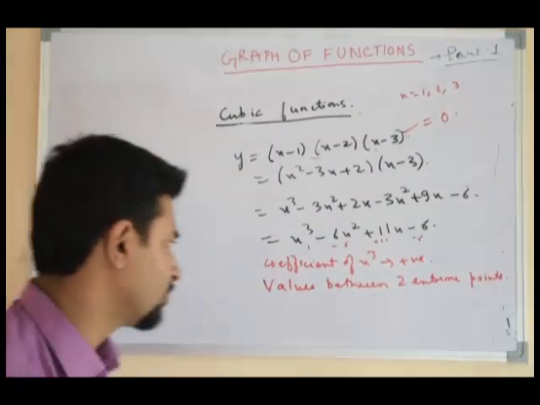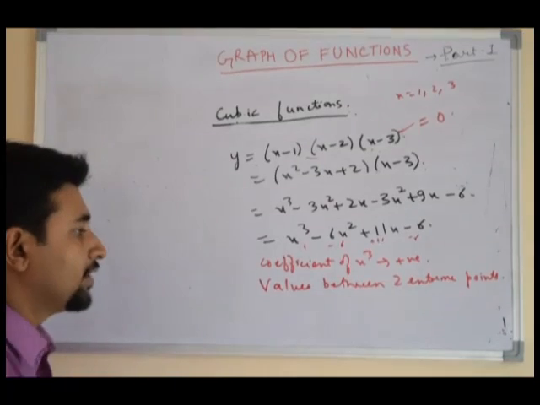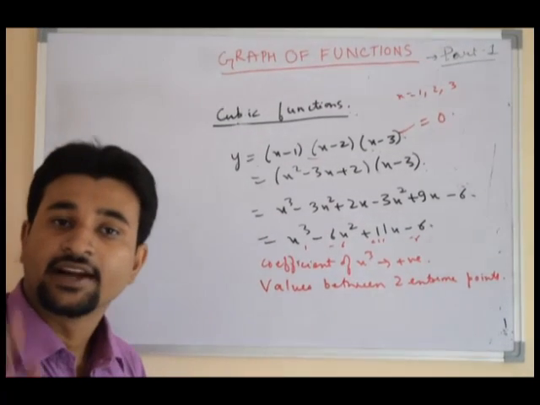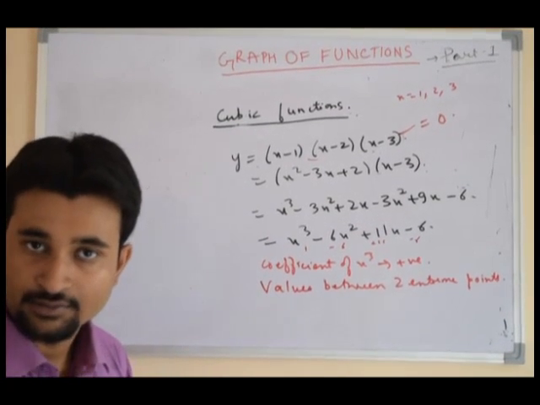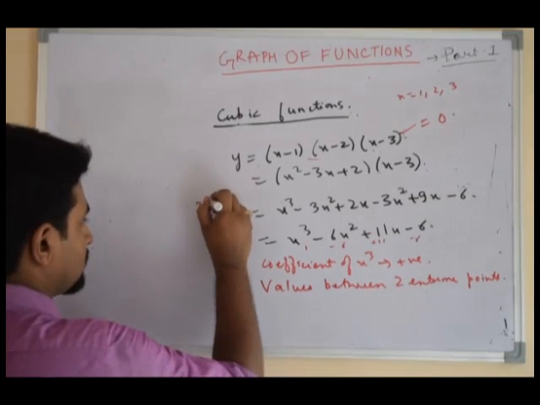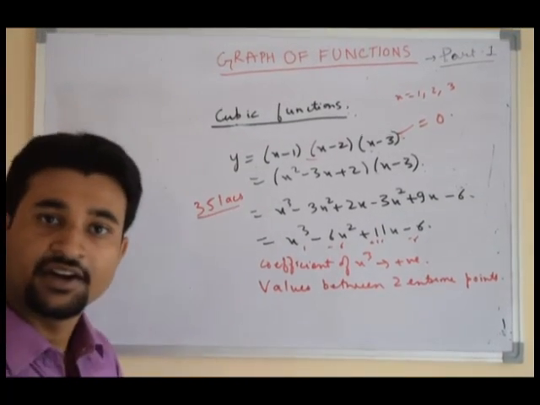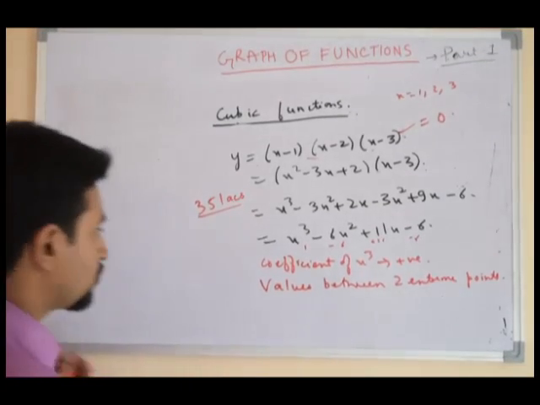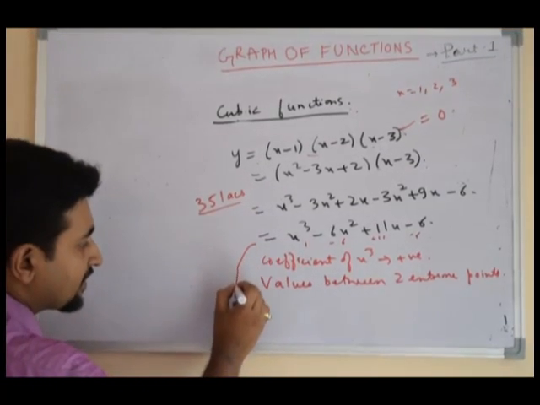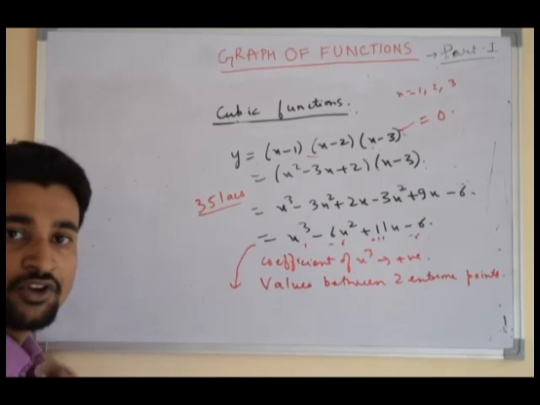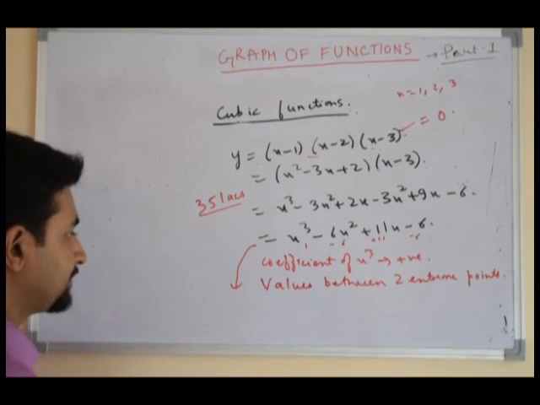Now suppose you take x as 35 lakhs. It is a huge number. So if you put the value of x as 35 lakhs here, what will you get?